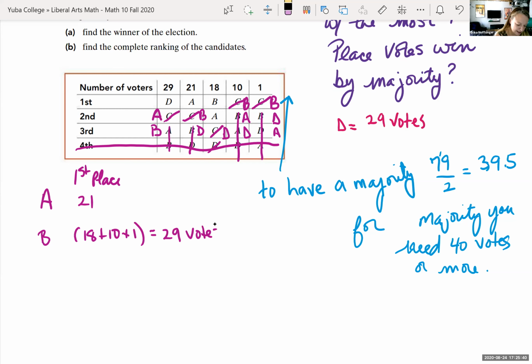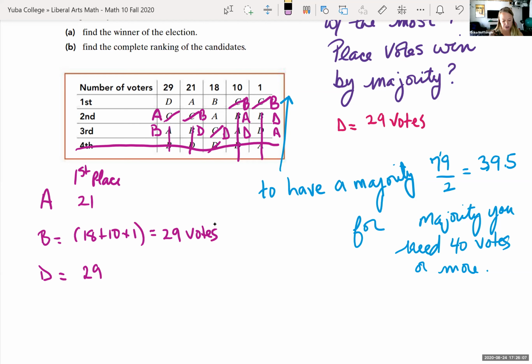We got rid of C. Let's look at D. D has also 29 votes. So notice that for first place, we actually have a tie, B and D. The problem is that neither of them have the majority. And so we want to go through this process again.